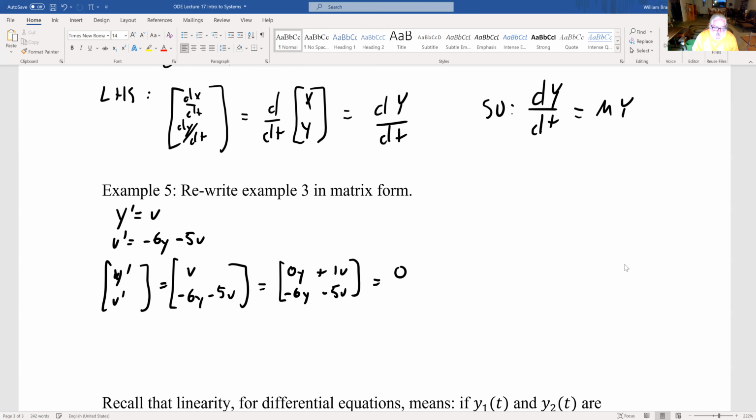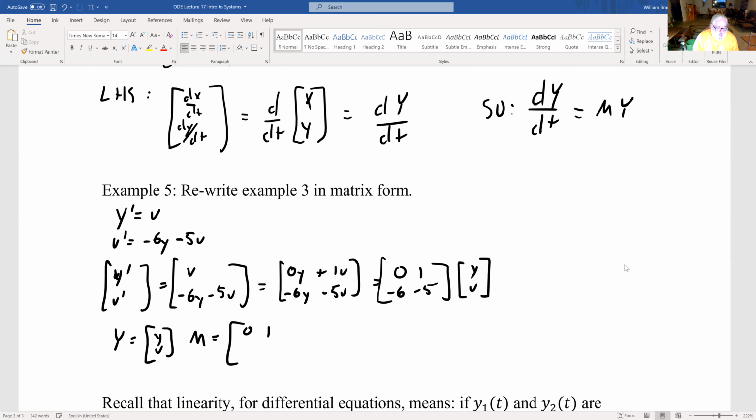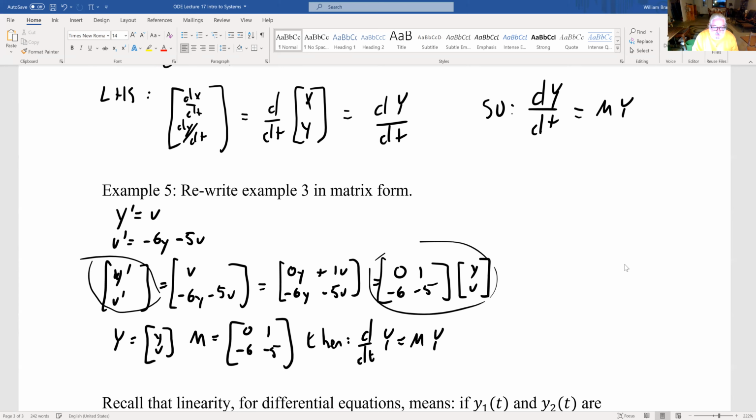And we can see that that's the matrix 0, 1, minus 6, minus 5 times y, v. So if we set capital Y equal to y, v, and M equal to 0, 1, minus 6, minus 5, then the derivative of Y equals M times Y. That's what this equation is.